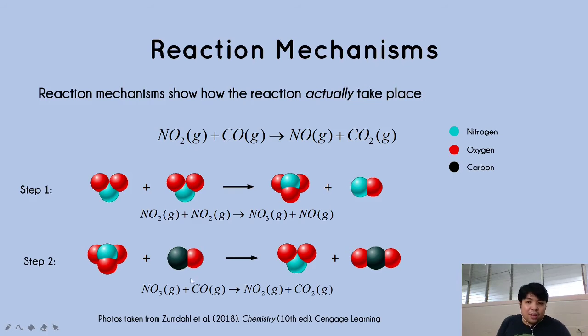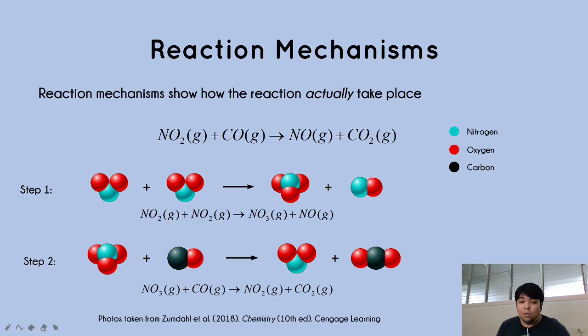Now, it's shown here that this is actually not a single-step reaction. It is actually a two-step reaction, contrary to what we have shown so far in our previous videos. Here, two nitrogen dioxide molecules will collide to form your NO3, your nitrogen trioxide molecule, and your nitric oxide.